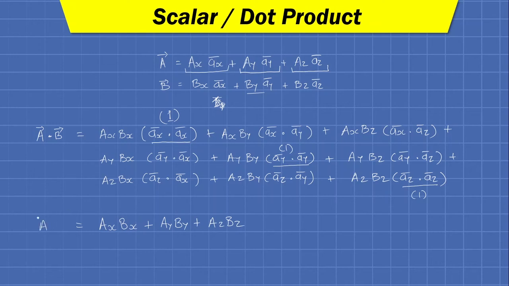So this is how we can prove that the dot product of two vectors in Cartesian coordinate system can be determined by summing the products of the x, y and z coordinates of both vectors. Fine. So basically we have two equations as of now.